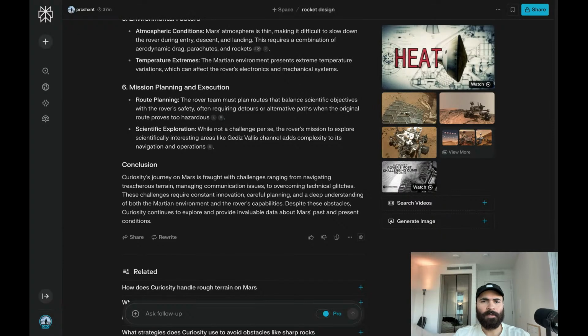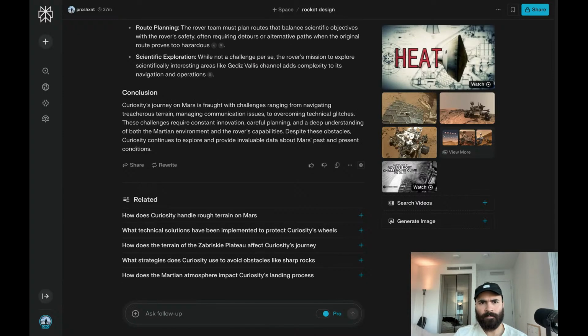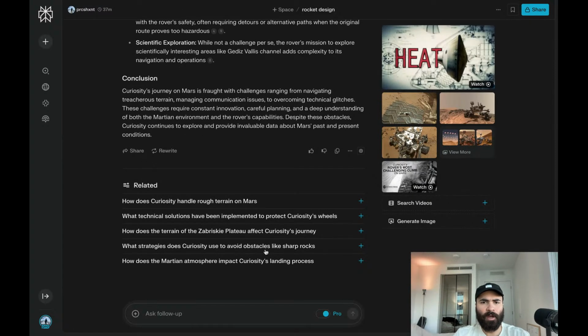Temperature extremes: the Martian environment presents extreme temperature variations which can affect the rover's electronics and mechanical systems. While not a challenge per se, the rover's mission to explore scientifically interesting areas like Gediz Vallis Channel adds complexity to its navigation operations. Overcoming technical glitches. These challenges require constant innovation, careful planning, and a deep understanding of both the Martian environment and the rover's capabilities.